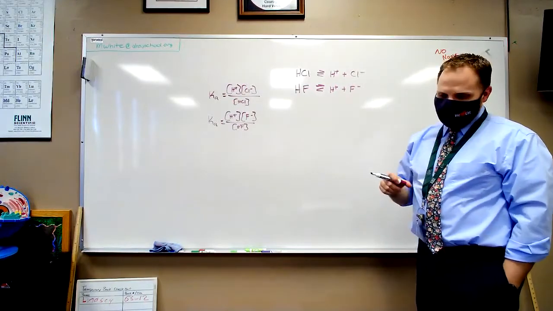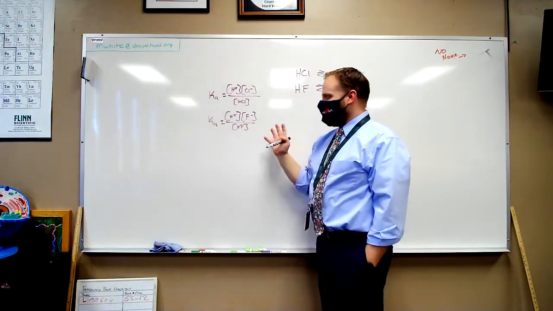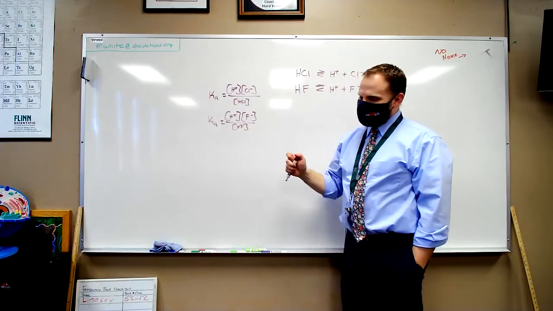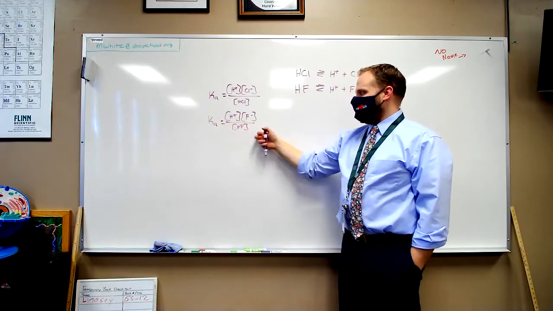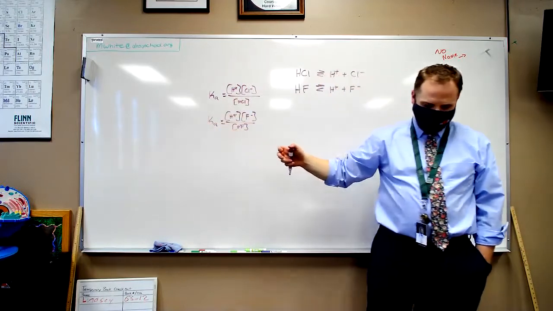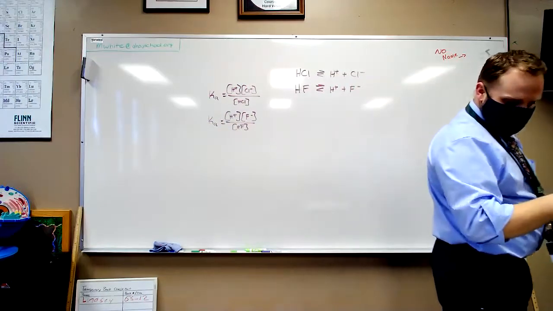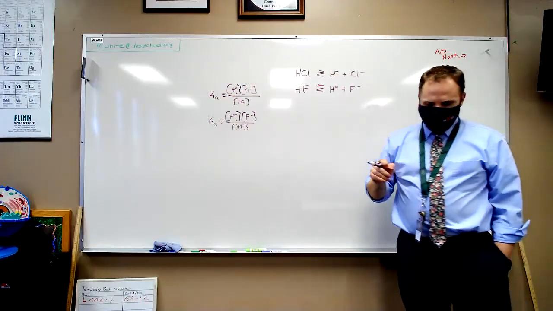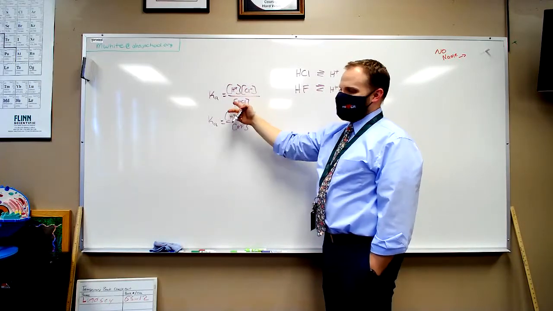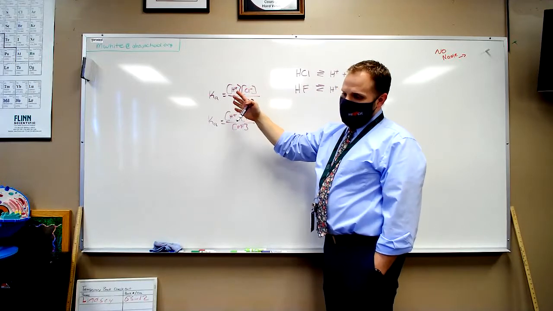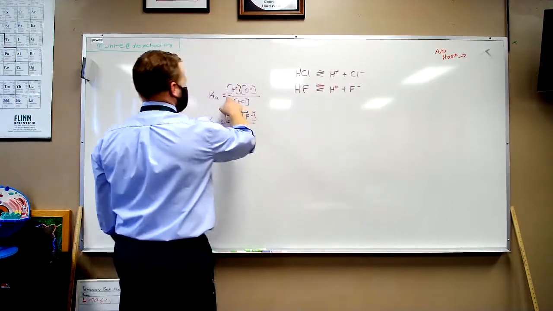Now, we mostly only use a Ka for weak acids. And that goes along with the fact that there's really not much of this at all. And so we can actually look at this.